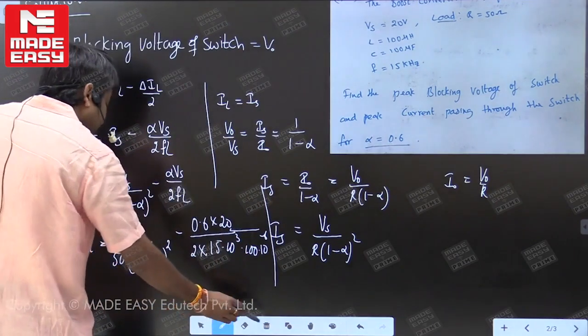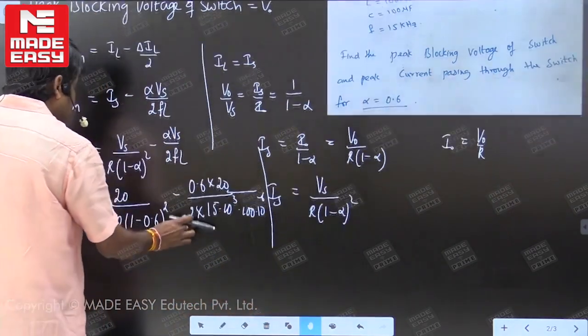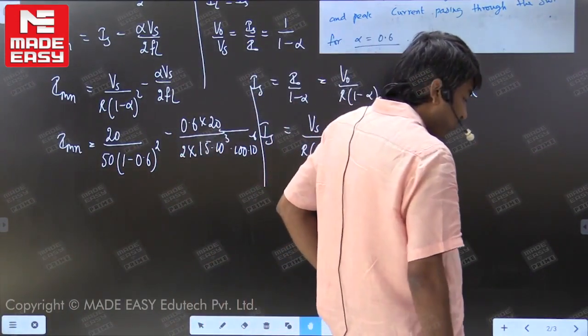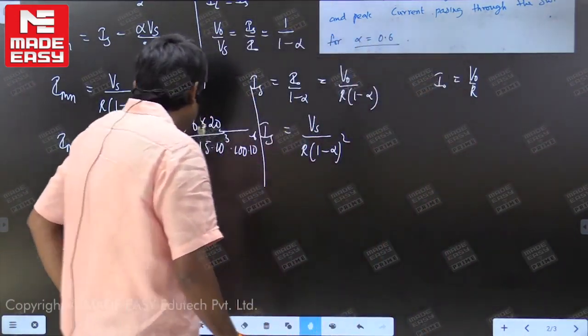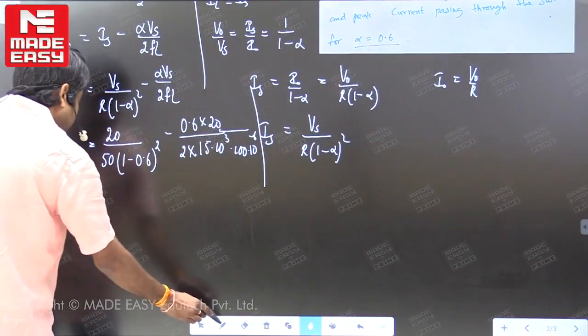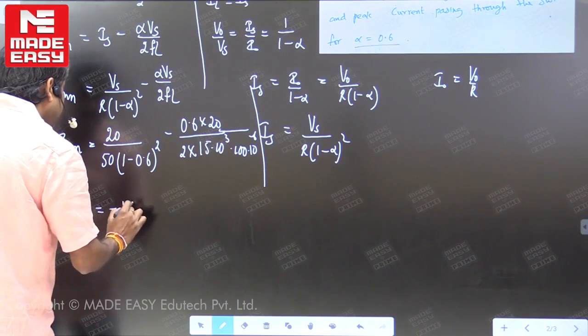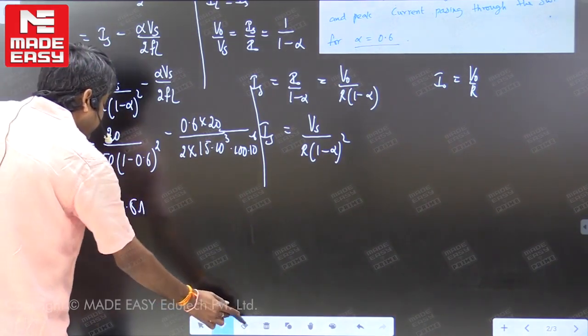Simplify this one. After simplifying, we get I minima is equal to minus 1.5 amperes.